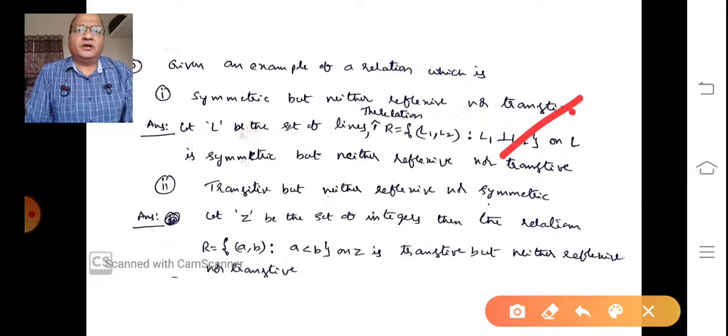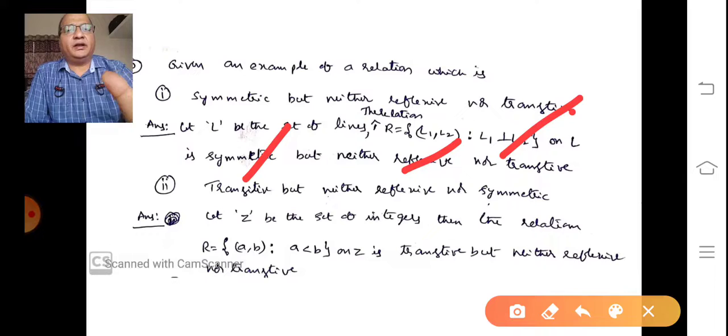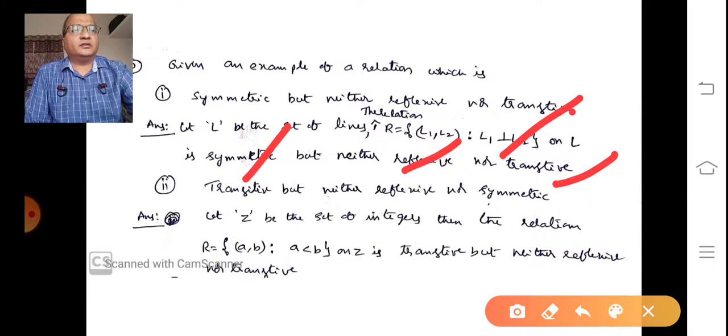perpendicular relation, a line itself is not perpendicular to itself, therefore it is not reflexive. If L1 is perpendicular to L2, then L2 is also perpendicular to L1, therefore it is symmetric. L1 and L2 are perpendicular, L2 and L3 are perpendicular, but L1 is not perpendicular to L3, therefore it is not transitive.